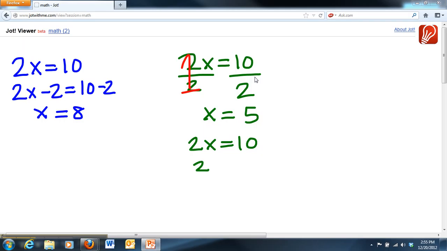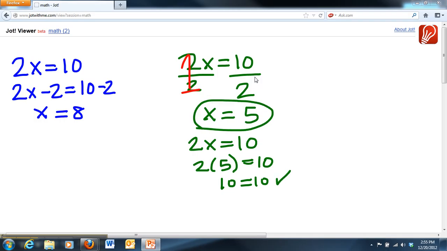So we'll get 2 times 5 equals 10, or 10 equals 10. And that checks. So that tells us that this is actually the correct solution to the equation.